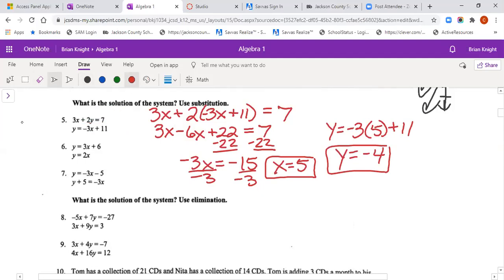Here, I'll just write it out. Try that one more time. (5, -4). Okay. Any questions? Everybody's good? Wonderful. I don't have any room. Is it okay if I erase that and start over? Okay.